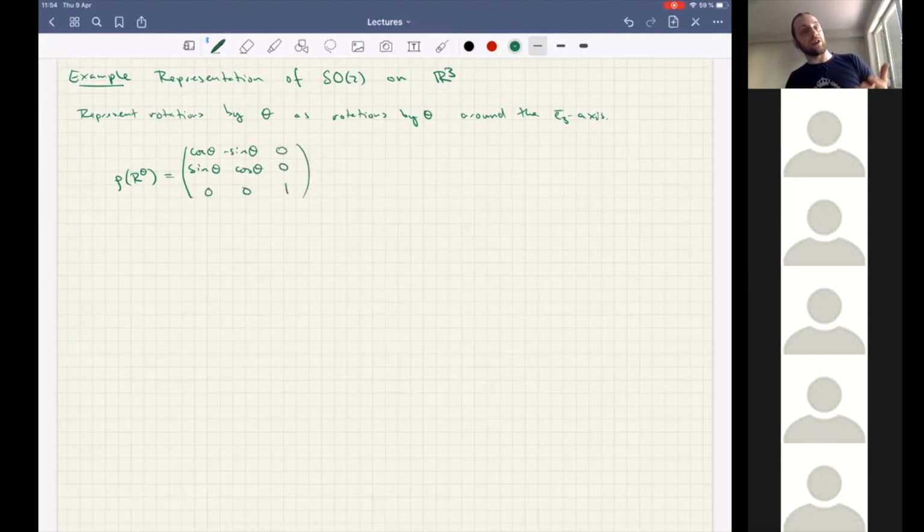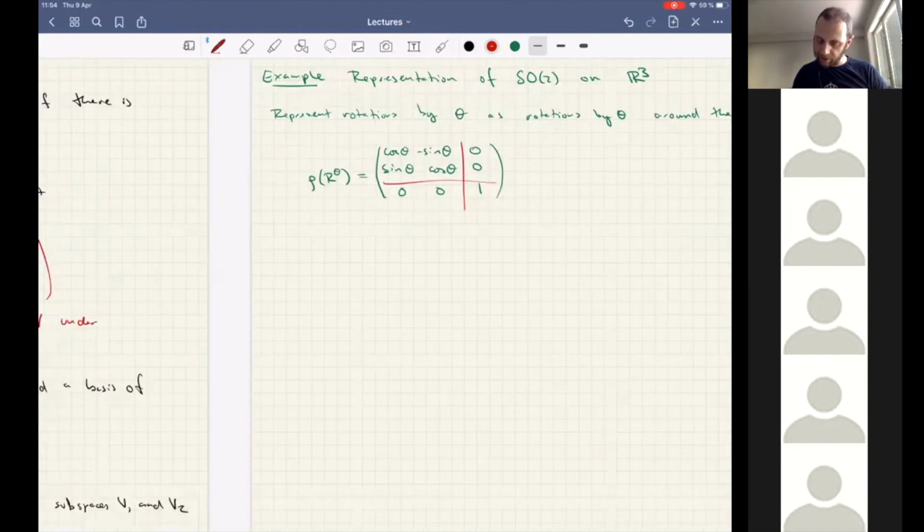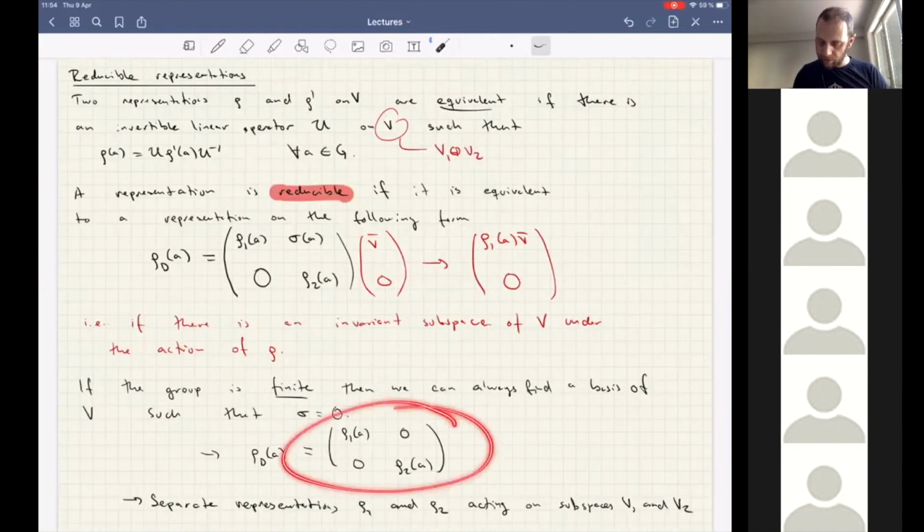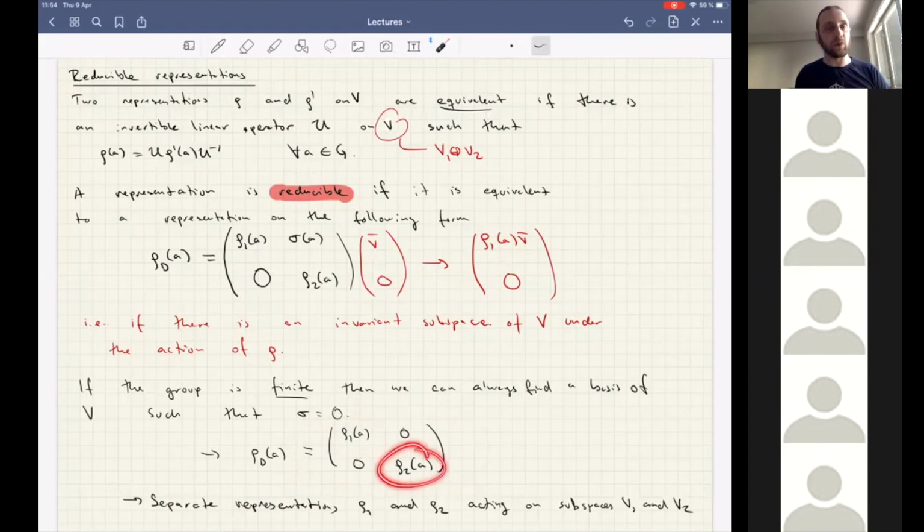So this is a rotation about the z-axis in 3 dimensions, and it's how I represent my two-dimensional rotation in 3 dimensions. And you can see now this is exactly on the form that we discussed. It's just that rho 1 here is a 2 by 2 block, and rho 2 is a 1 by 1 block.